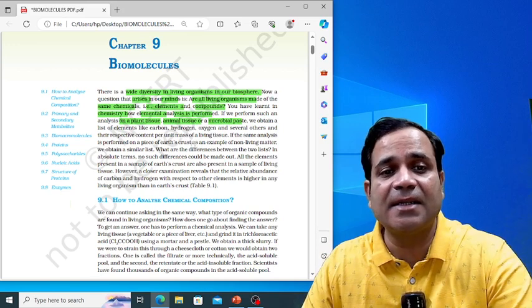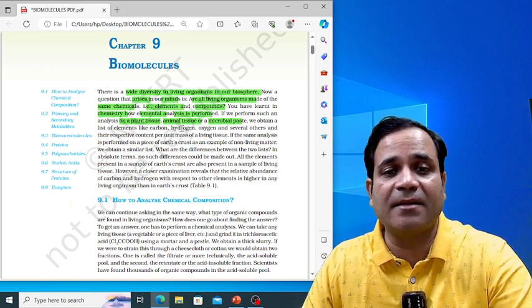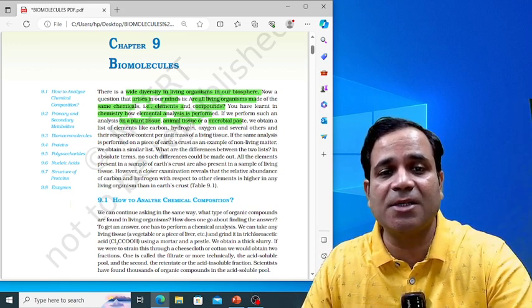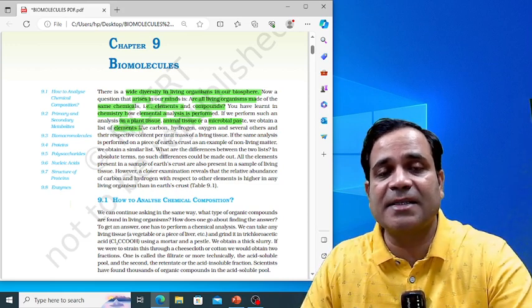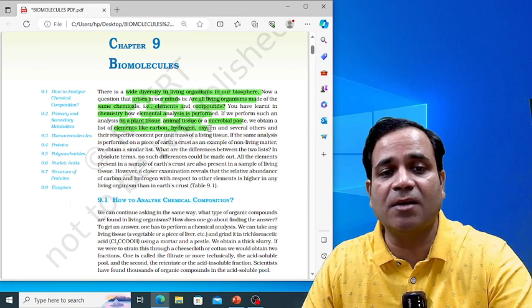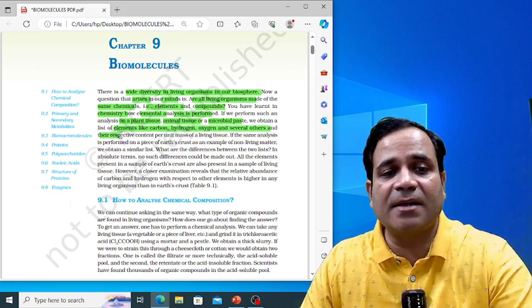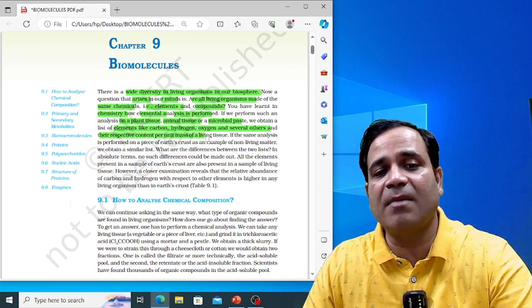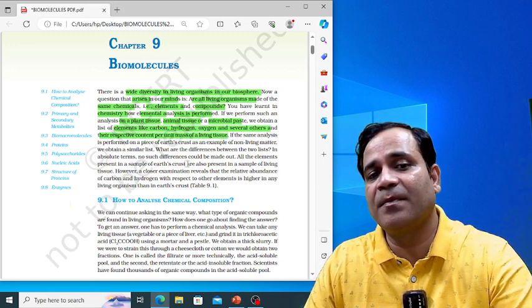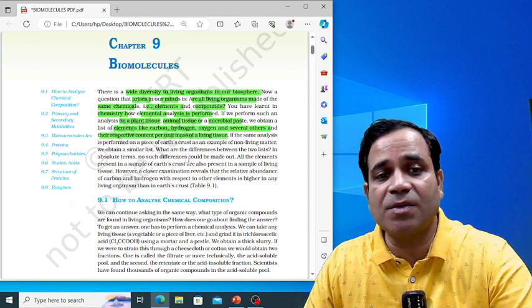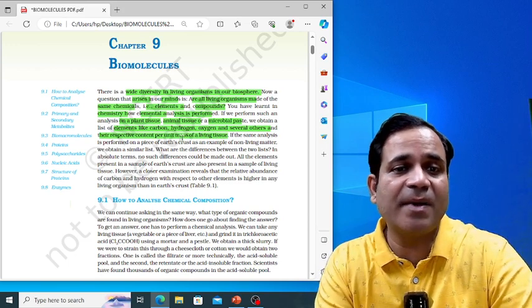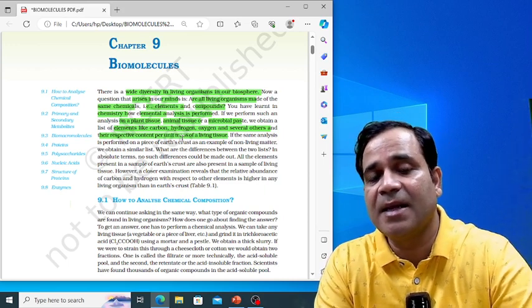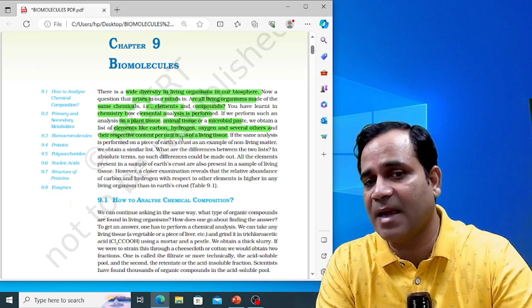We obtain a list of elements like carbon, hydrogen, oxygen and several others, and their respective content per unit mass of living tissue. So it is very important to know that the organisms around us are not made up of the same chemicals. They are made up of different chemicals.